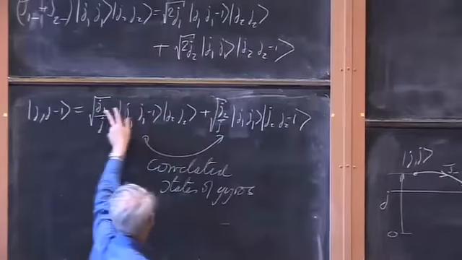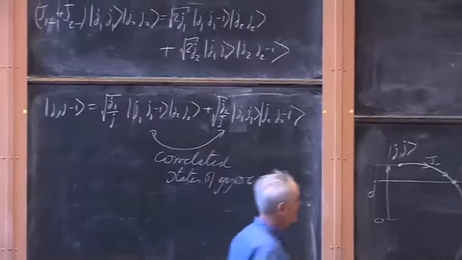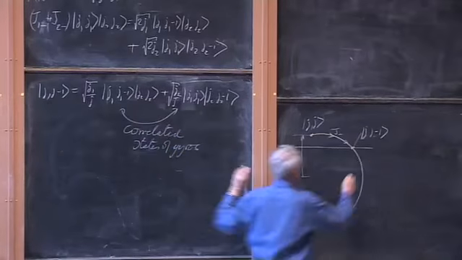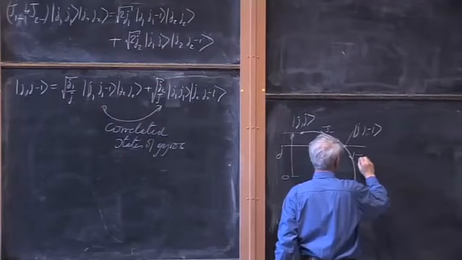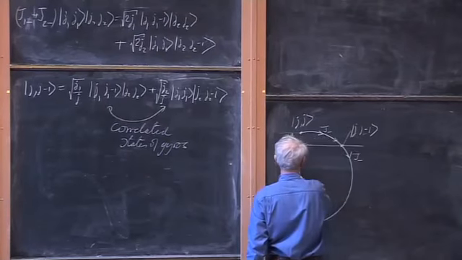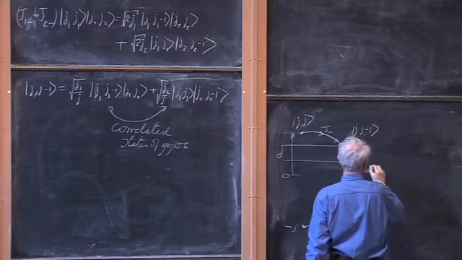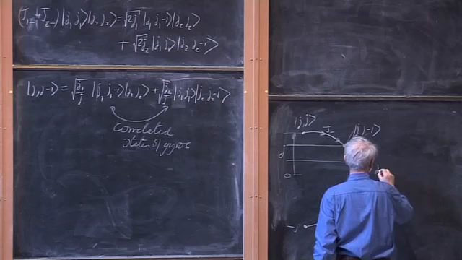And we found out what the factors are that make the linear combination. And we can now take this state, and we can apply our lowering operator on this to generate a state here, which will be J minus 2.